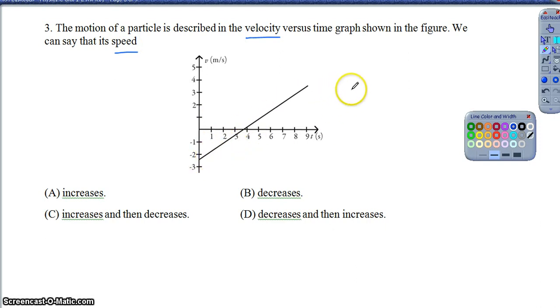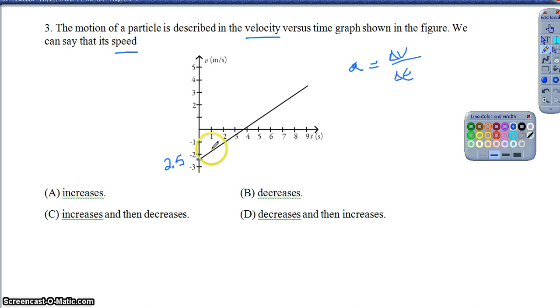So the acceleration would be constant, which means the change in velocity over the change in time is constant as well. But that doesn't necessarily mean that the speed is constantly increasing or constantly decreasing. If we look at the speed, we just want to worry about the absolute value of these numerical values here. So this starts at maybe about negative 2.5, but in terms of speed, it's moving at about 2.5 meters per second.